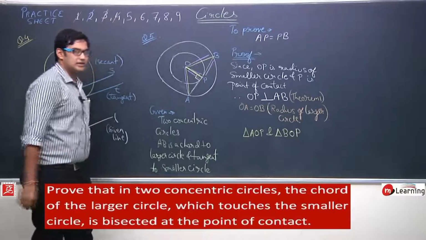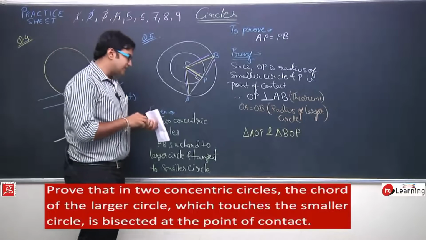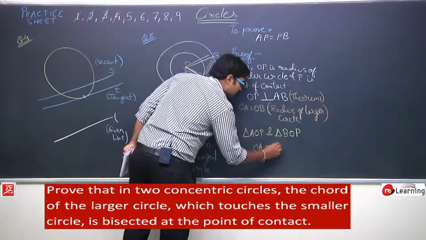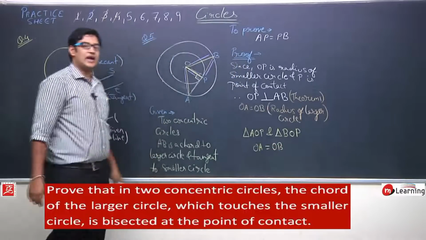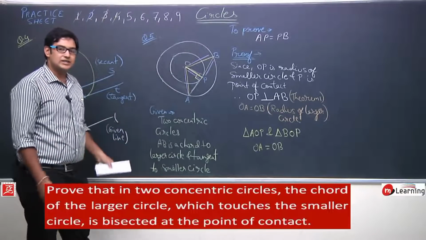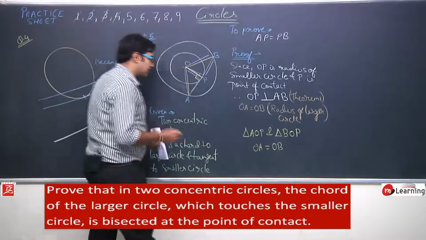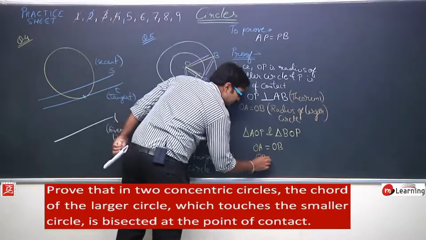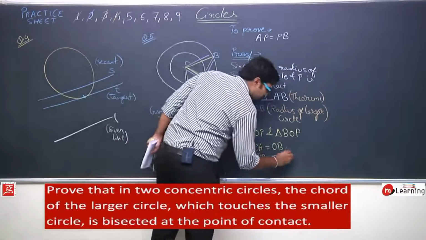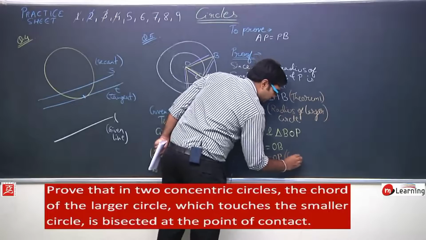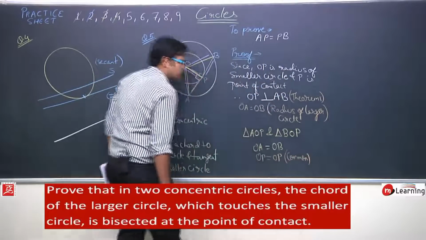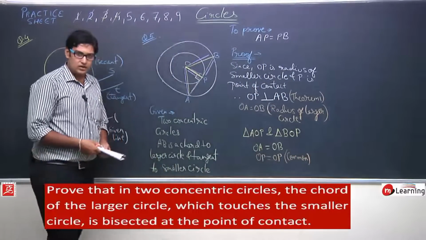In these two triangles, OA is equal to OB, because they are the radius of the larger circle. Similarly, you can see OP is equal to OP. Now, why are OP and OP equal? Because it is common to both the triangles.